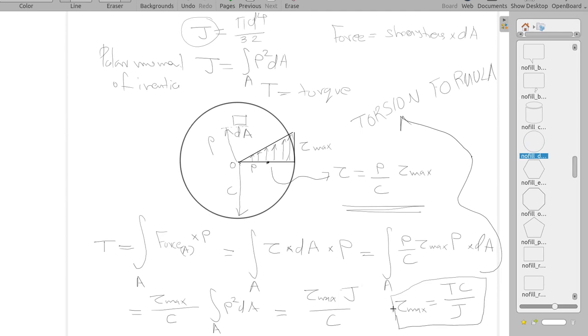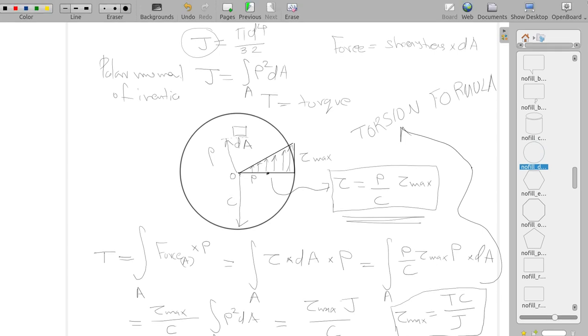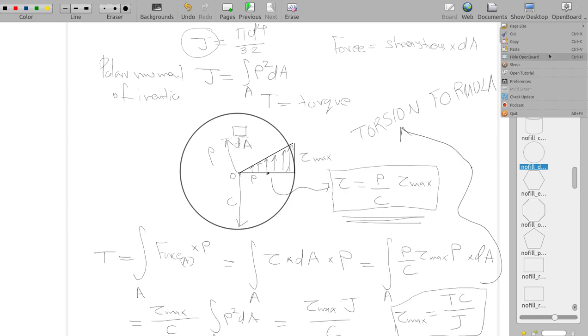This is the formula for tau max, and you can also calculate tau at any point. Once you have tau max, you can substitute it and find tau at any point. That is also possible. So this formula is known as the torsion formula. We will stop this lecture here.